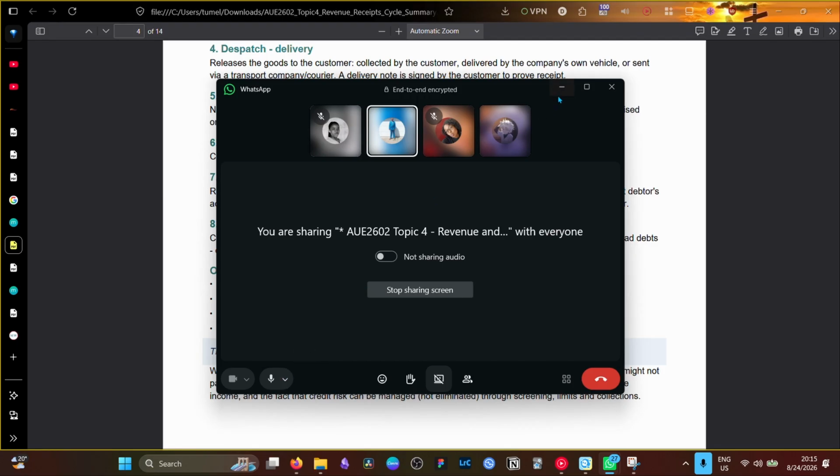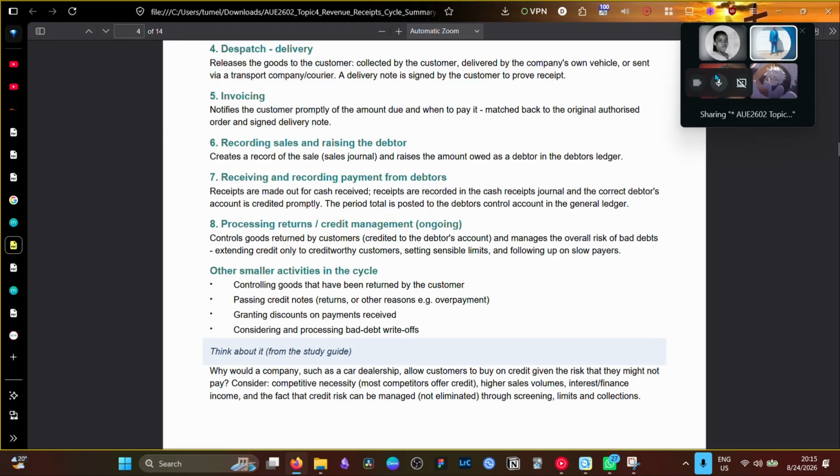And then the period total is posted. What do they mean about that? The period total is posted to the debtors control account in the general ledger. I don't know if you remember the debtors control account. I don't know if this was in high school or first year. But the debtors control account is where you see how many people owe you.